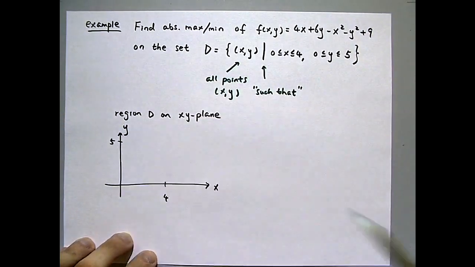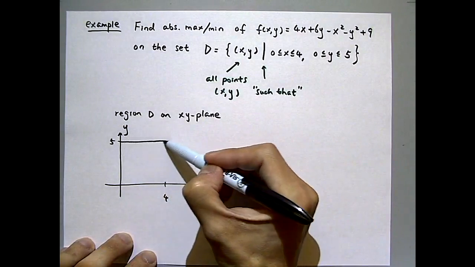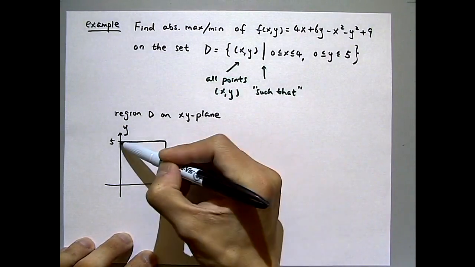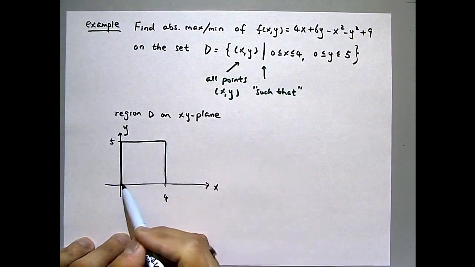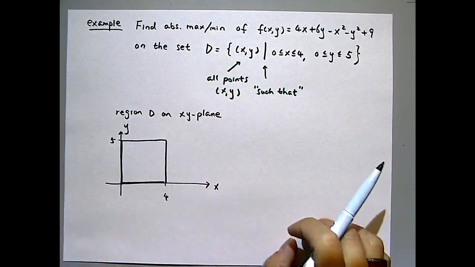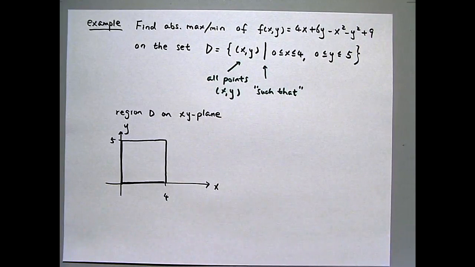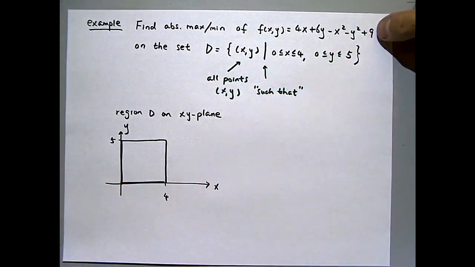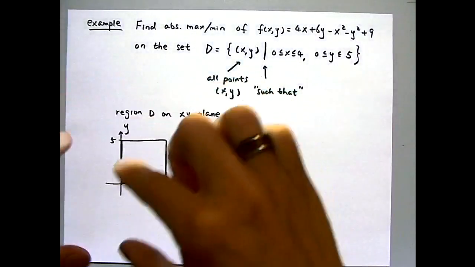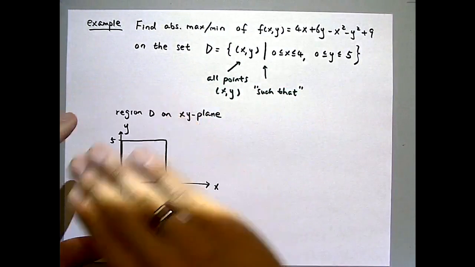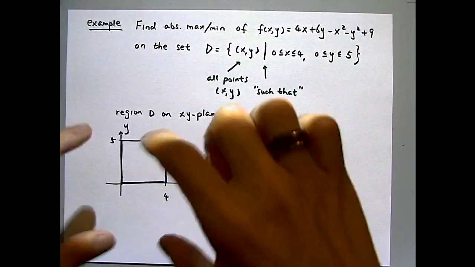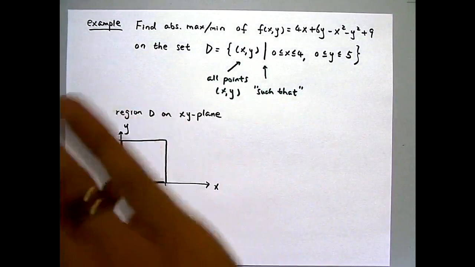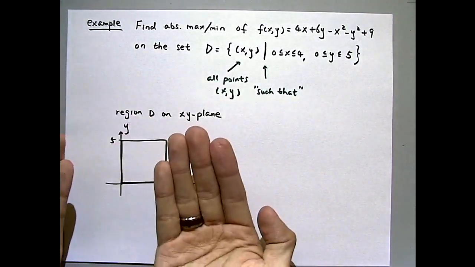Let's say 5 is over here. So here we go. We have 4 edges here. And above this, we have some kind of height determined by the equation. So that patch we just saw is going to be floating above this piece of paper. Can you visualize that? Yep, that's what we're dealing with. It's got some height. We're looking for the highest point and the lowest point possible.